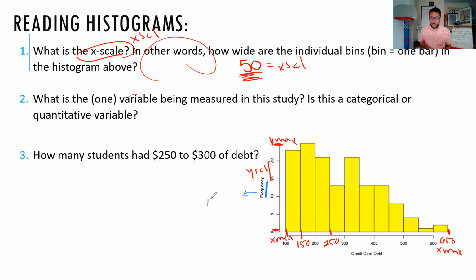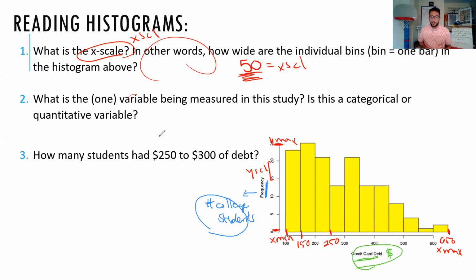The frequency is just, as mentioned in the context, the number of college students that fell within each interval, from $100 to $150 of debt, $150 to $200, and so on. So this is not something we measured. The only thing we measured, the only quantitative variable, since histograms are really for quantitative data, is the amount of credit card debt, and the unit there would be dollars.